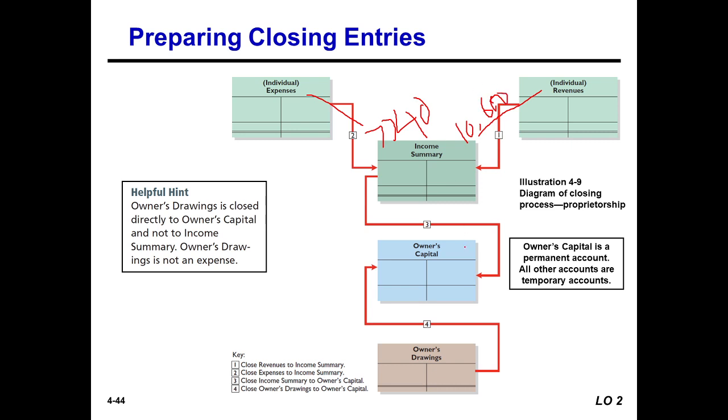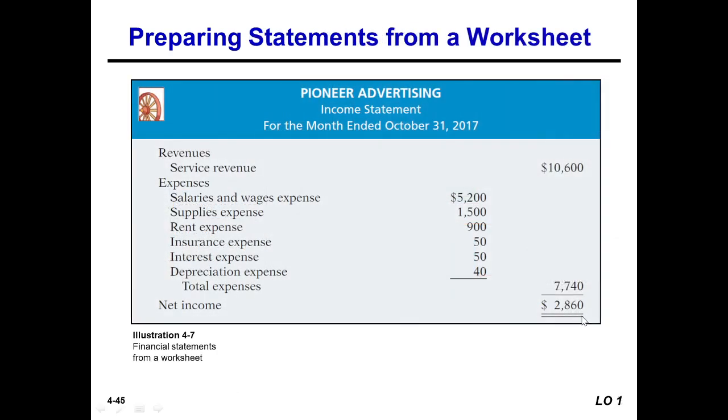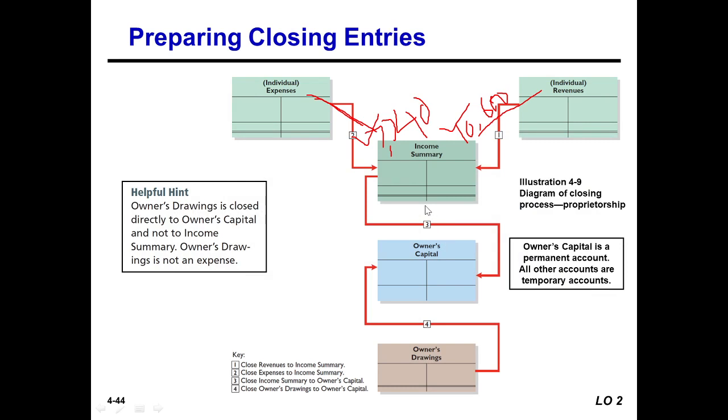In our income summary we show the revenues and the expenses: individual expenses 7,740 and individual revenues 10,600. After balancing we get this figure, 2,860.